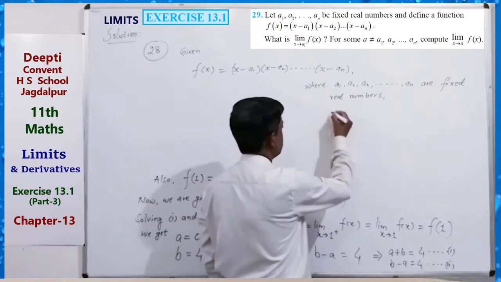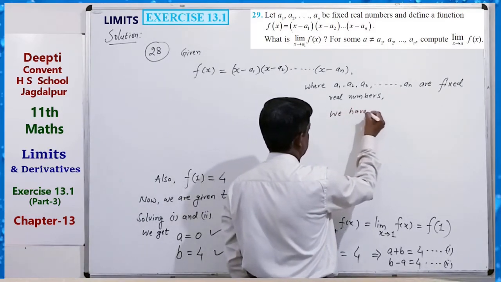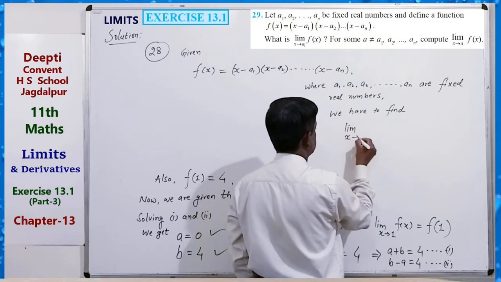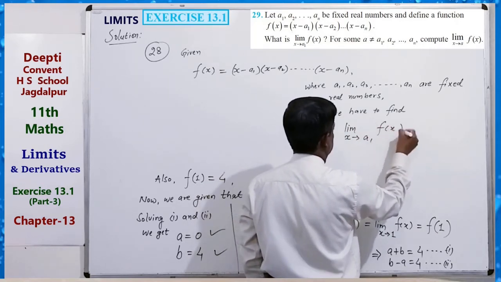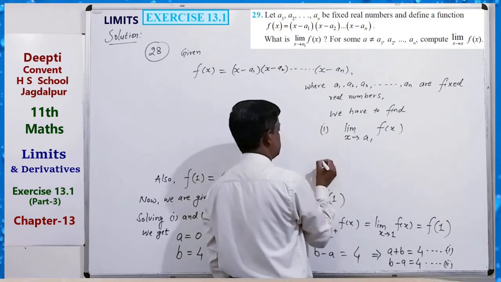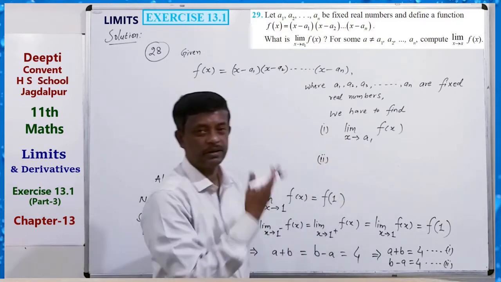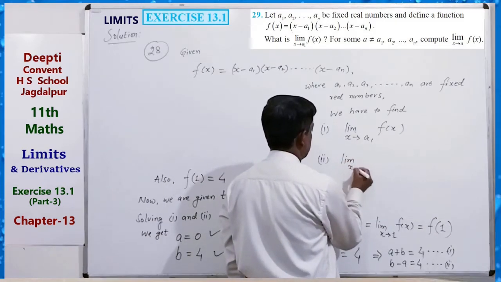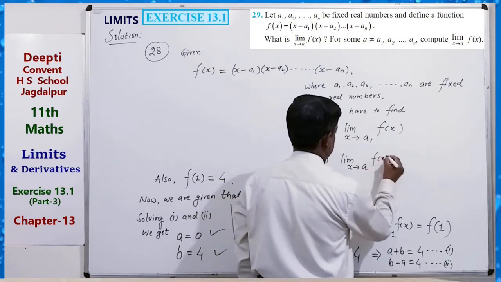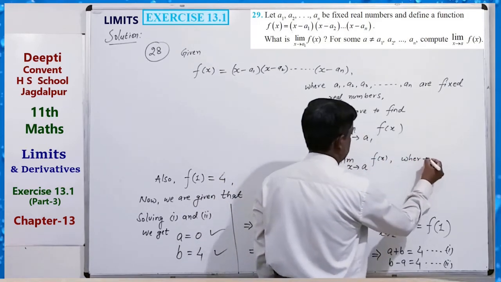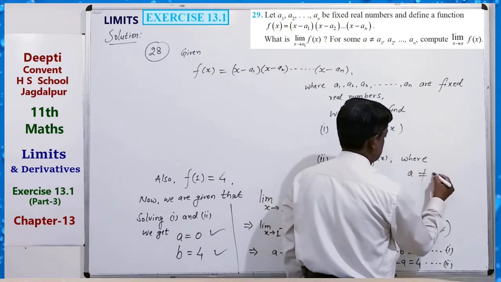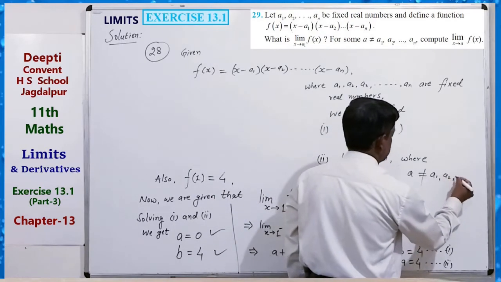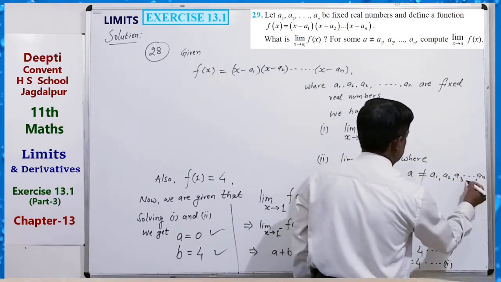Now we have to find limit x tending to a1 of f(x) first, and second, limit x tending to a of f(x), where a is not equal to a1, a2, a3 and so on up to an.